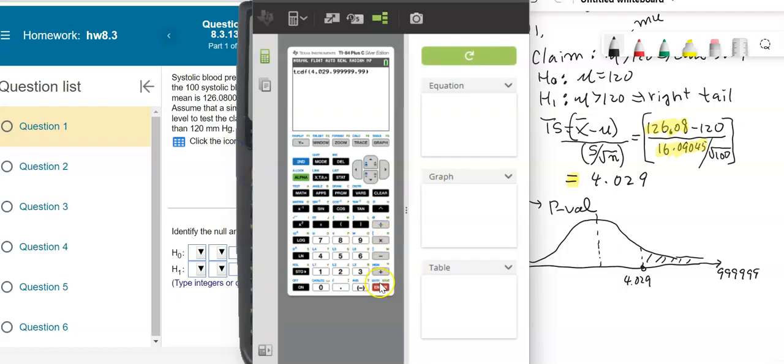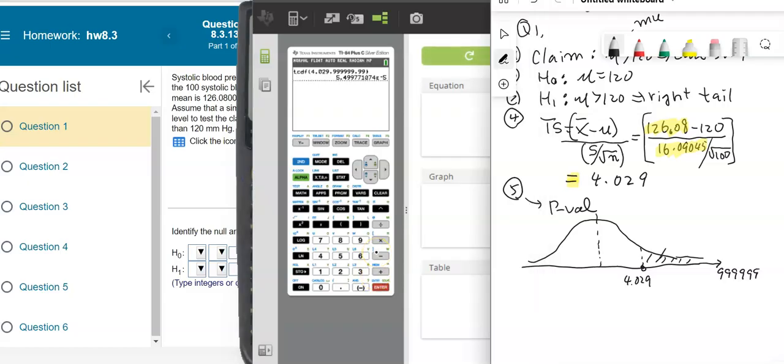So if you do that, p-value is, this is the area, so p-value is 0.0005499, okay? Because it is 5.499 times 10 to the negative 5. That's why you have 4 zeros there, okay?